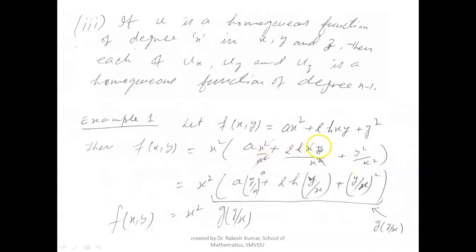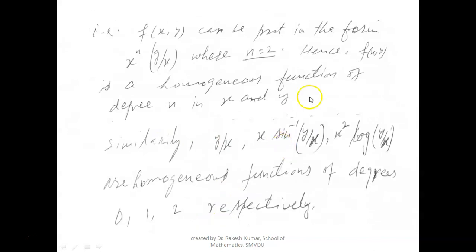The matter in the bracket is just a function of y upon x, so let's say g(y/x). So f(x, y) can be written as x raised to power n g(y/x), where n is equal to 2. So this is a homogeneous function of degree 2.